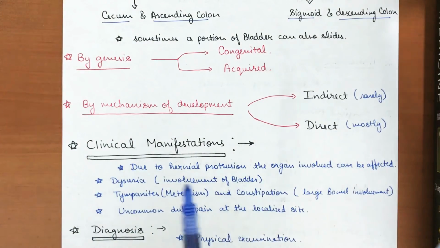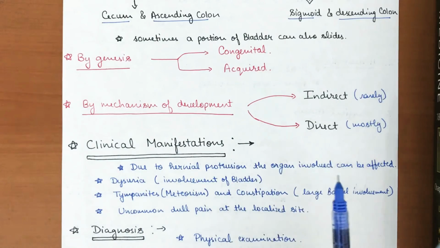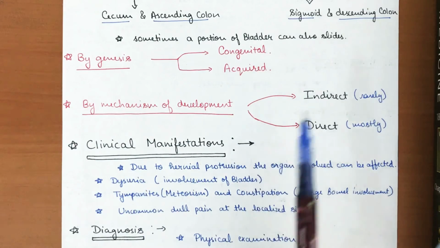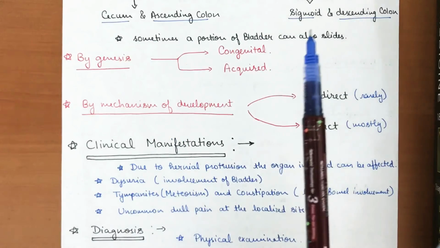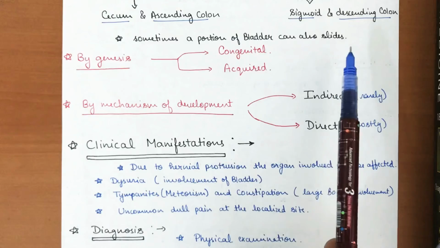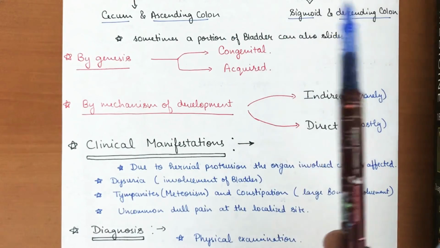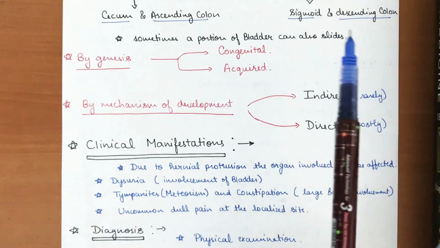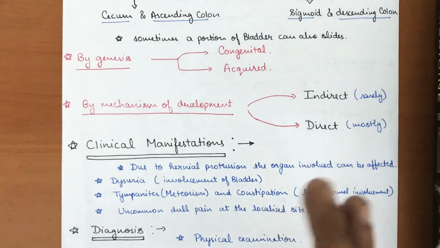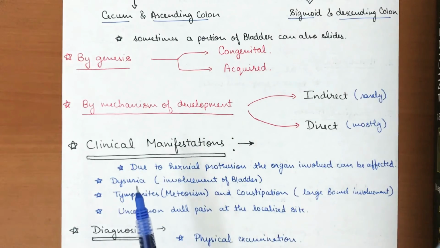So what are the clinical manifestations in this case? Due to hernial protrusion, the organ involved can be affected, and the symptoms will be according to that organ. For example, constipation, increased gas and abdominal distension can be present.